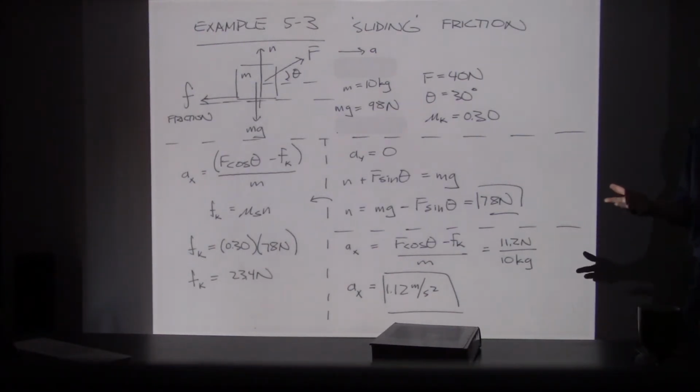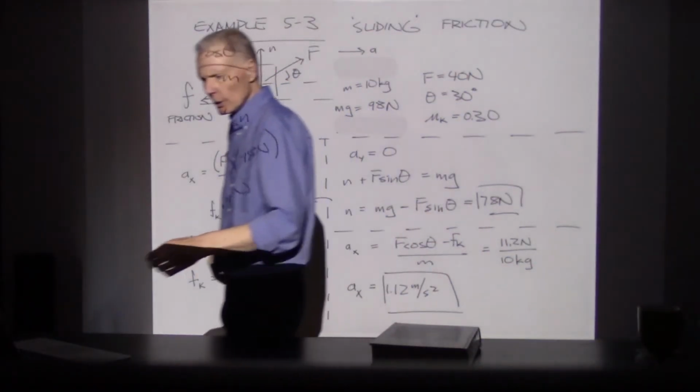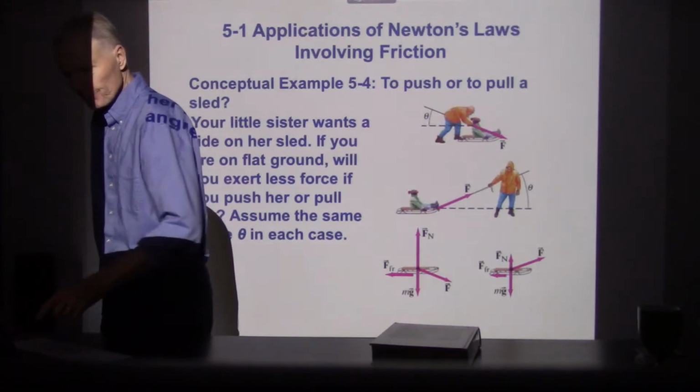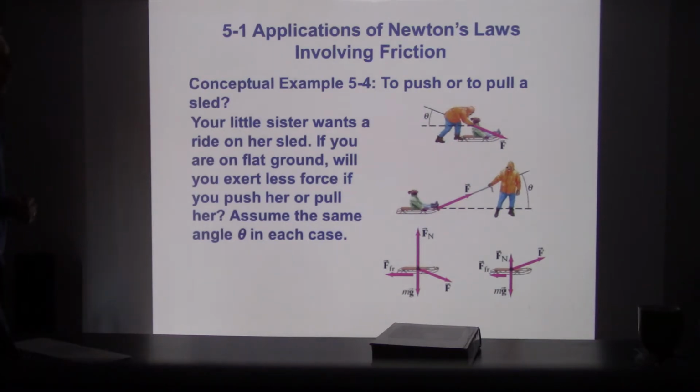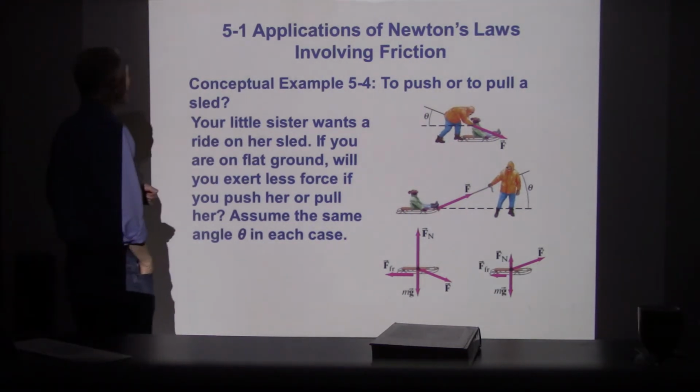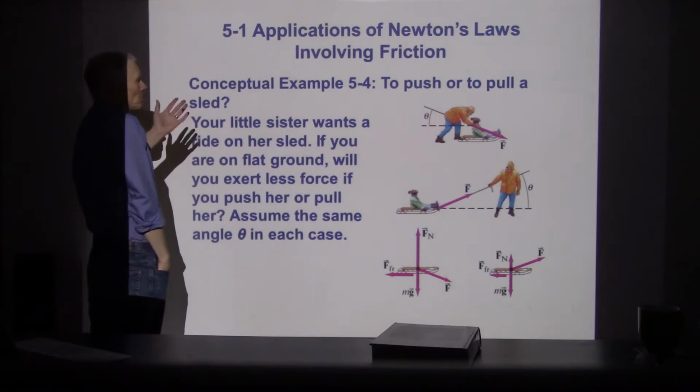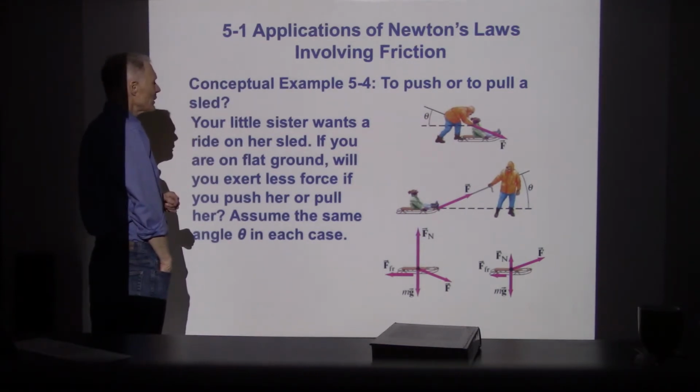So there are situations where you have to pull enough initially to overcome the static friction, is what we're seeing with this. Okay, so that would be a good one to go back and run comparison numbers and see what happens.